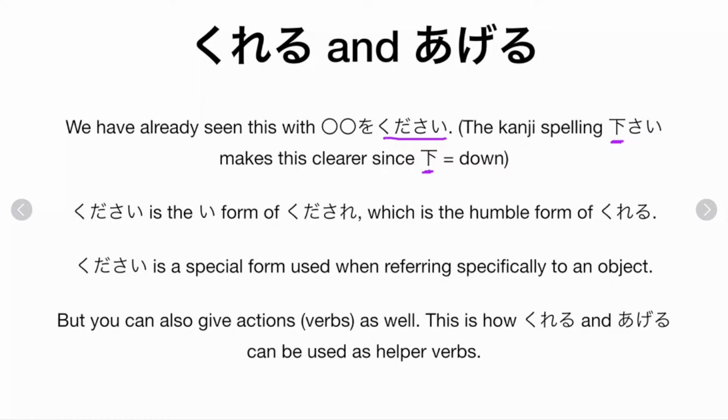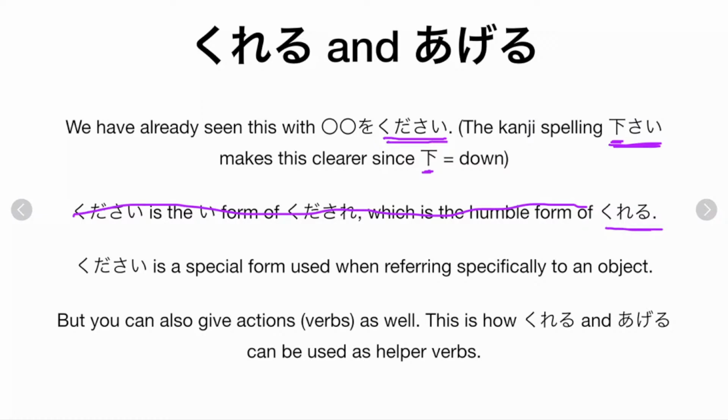Kudasai is a special form of kudasaru, which is a humble form of kureru. The important part, not to know all of this, but rather just that kureru and kudasaru are basically the same verb, and they both mean give down. So when you were saying marumaru o kudasai, you're implicitly saying, can you give this down to me?